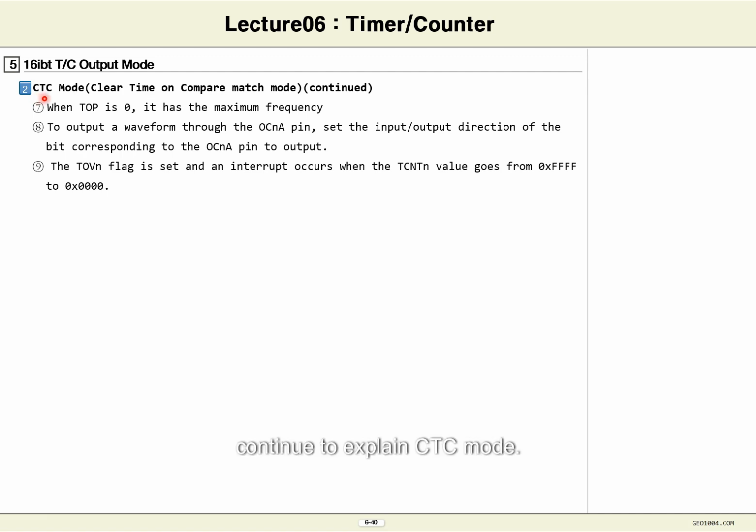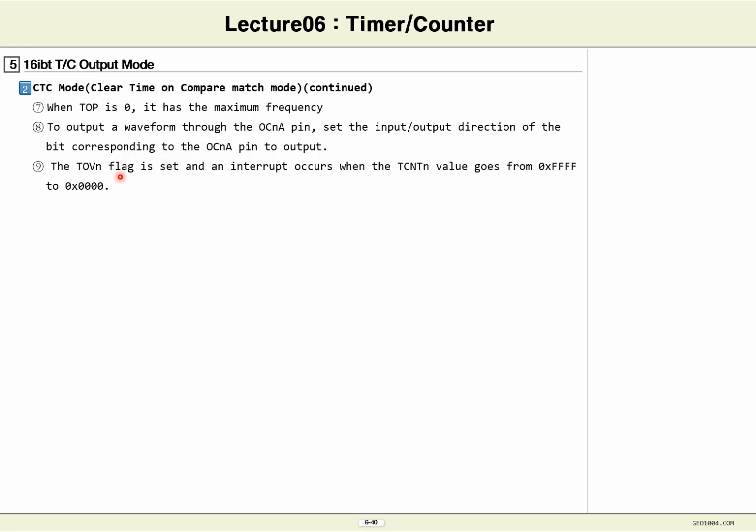We will continue to explain CTC mode. CTC mode can be at its maximum frequency when the top value becomes 0. Also, if you want the output waveform to be output through the OCnA pin, you must set the input-output direction so that it is output.